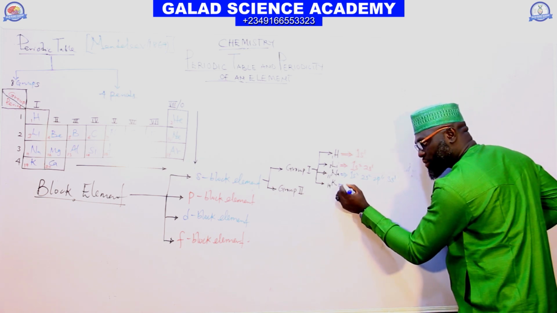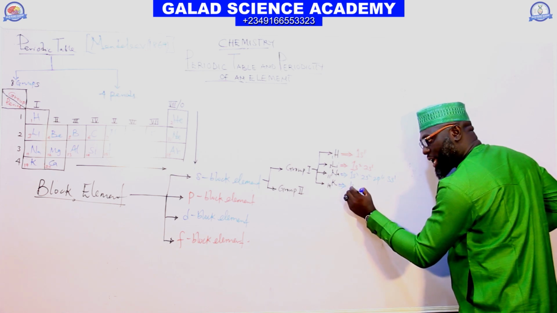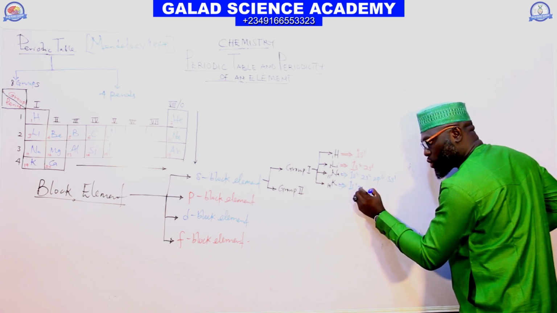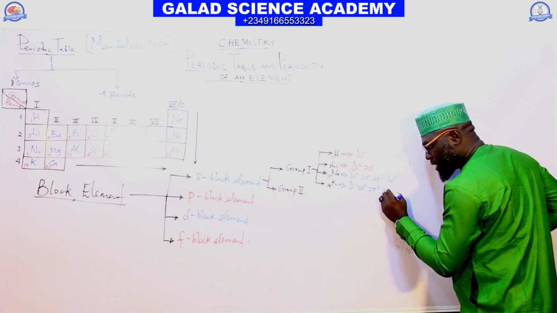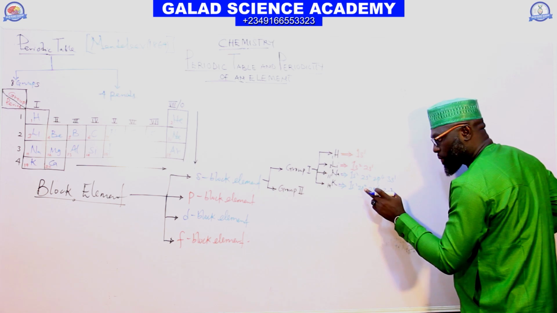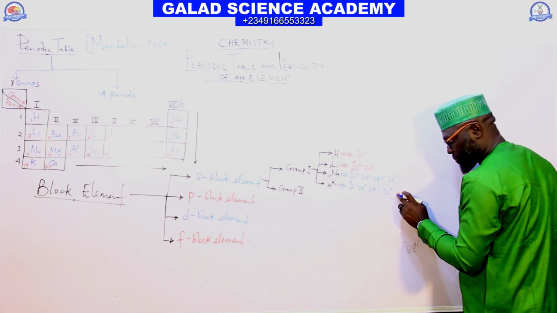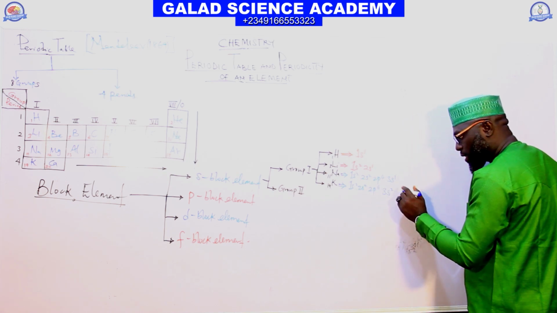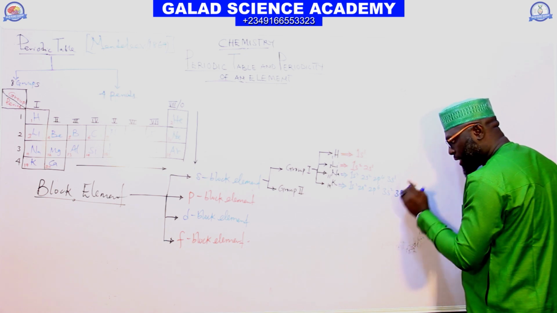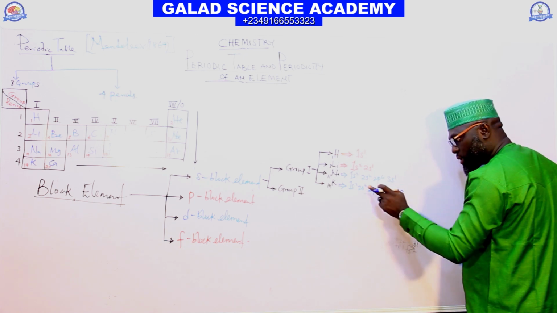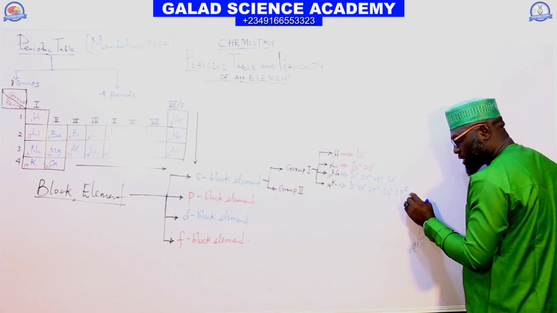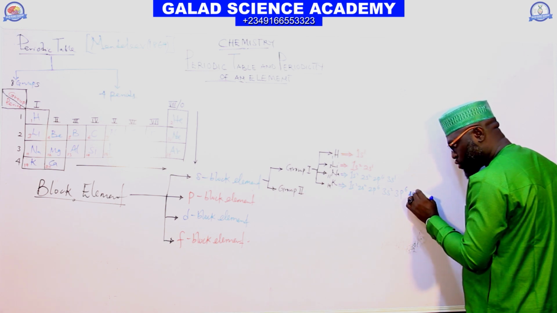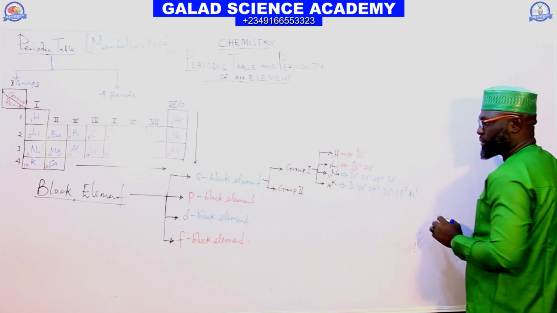For potassium, we have 1s2, 2s2, 2p6, 3s2, 3p6, 4s1.